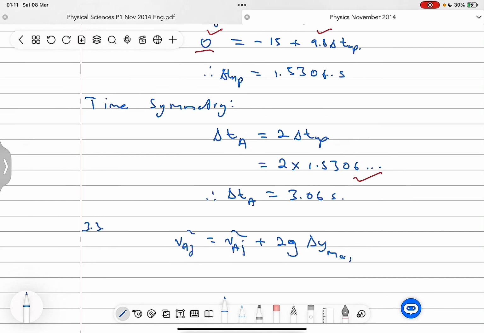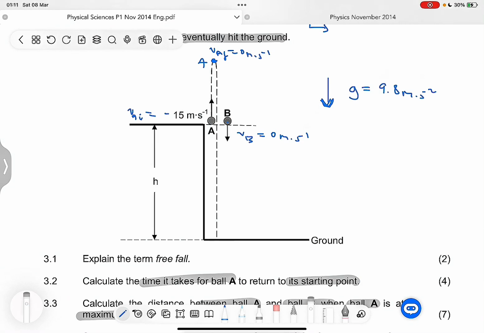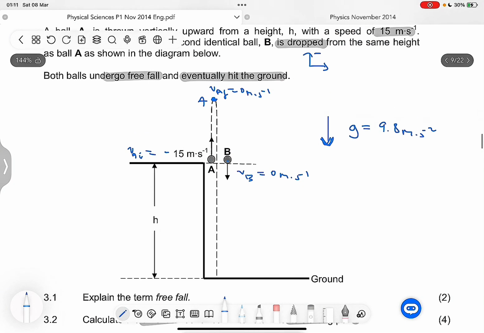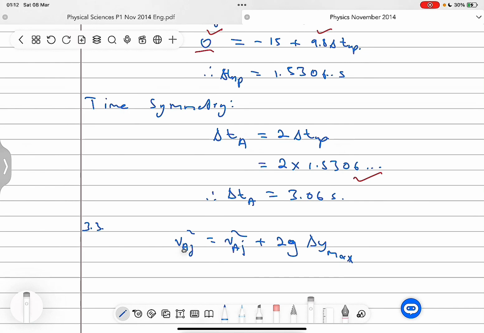I'm going to call this change in y max. So what I'm saying here is that I'm calculating this height here and I'm calling it change in y max because it is the maximum height of ball A really. And I've just labeled it VA to say it's ball A.